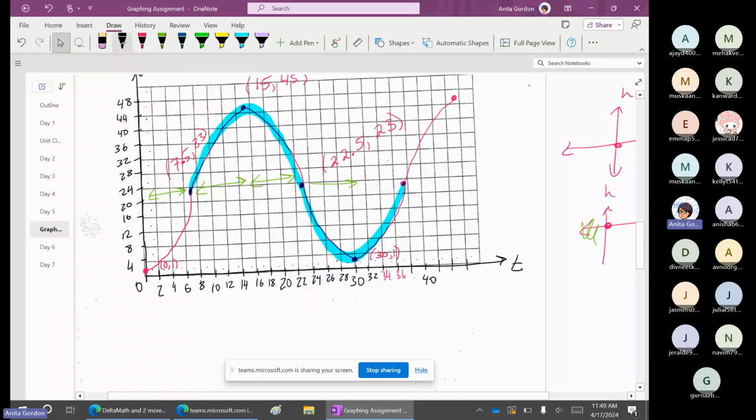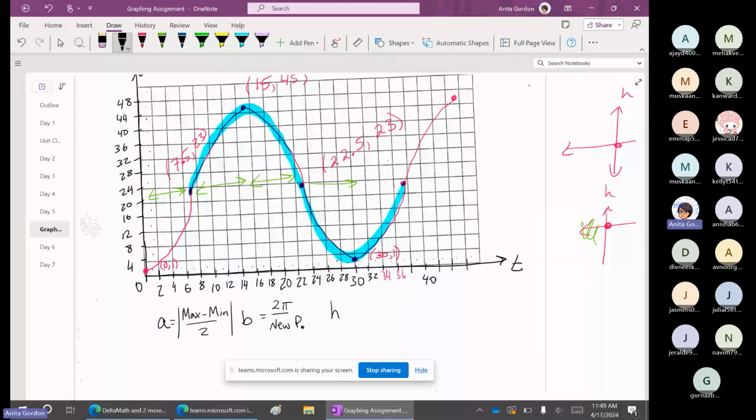Okay. So we are looking for amplitude. We are looking for the B value, which is 2 pi divided by the new period. The A value is the maximum number minus the minimum number divided by 2.